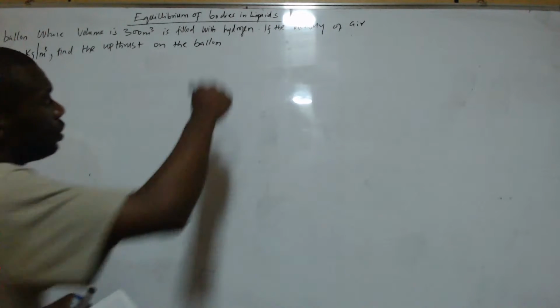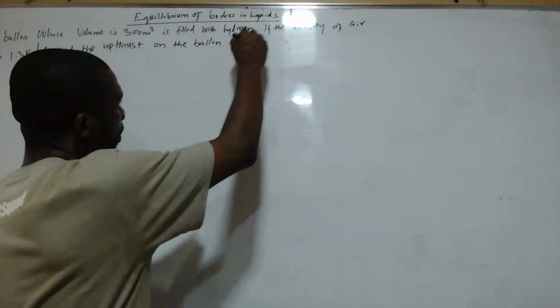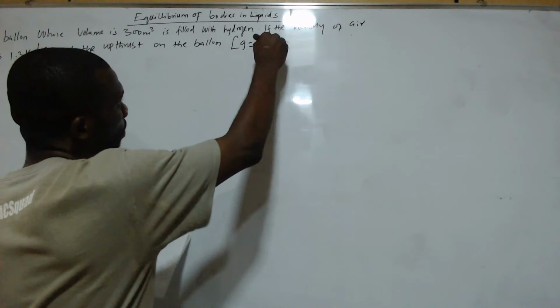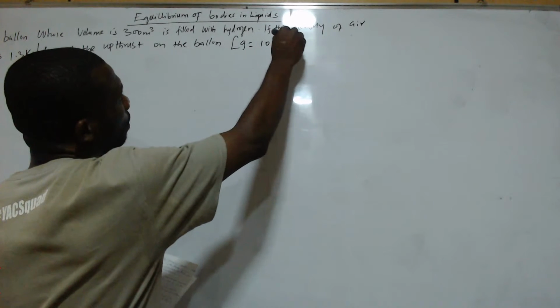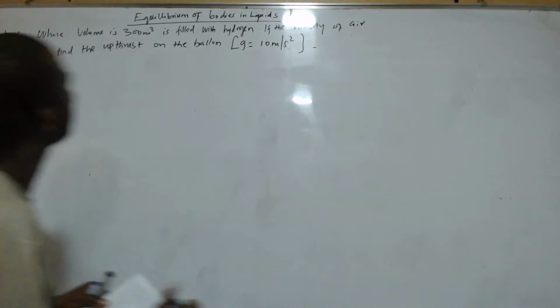So we have g is equal to 10 meters per second square. So let's start.